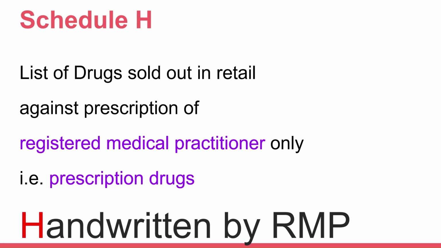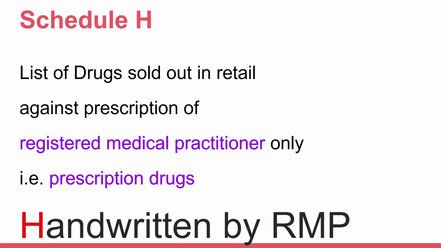For remembering Schedule H, just remember a sentence, handwritten by RMP. Handwritten starts with H. That H is for Schedule H. Handwritten by RMP.